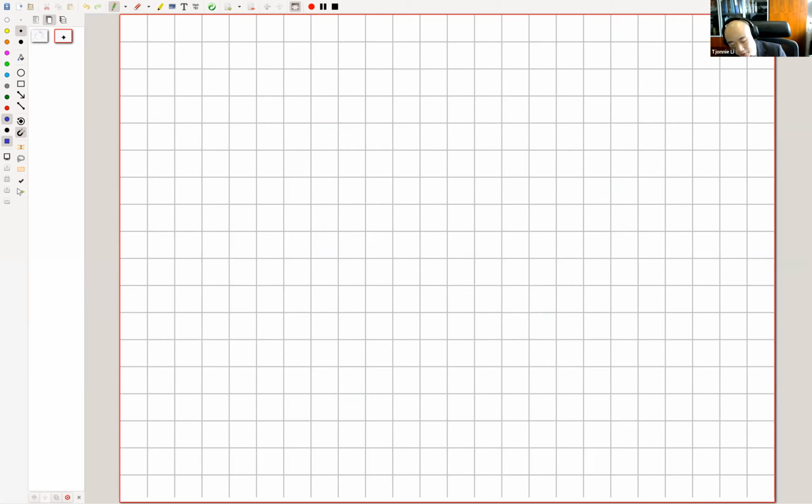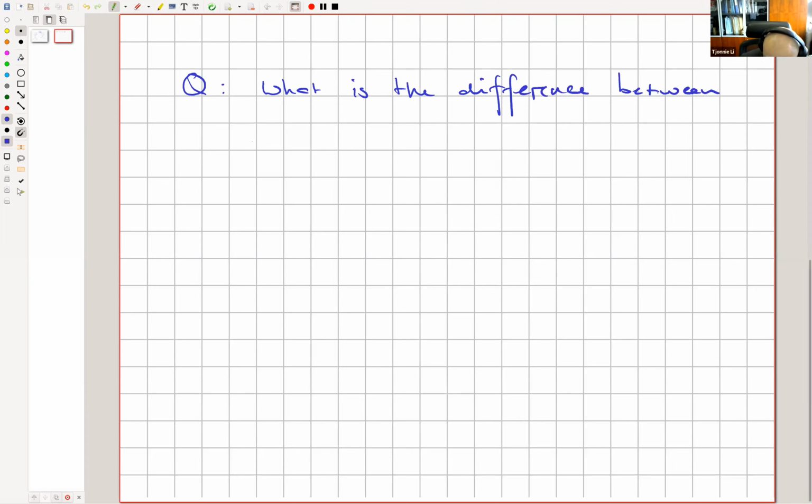The first thing that I want to pose, and this is something that you ought to have seen in 2041, is asking the question, what is the difference between, let's say, one, the conductors, and two, insulators?